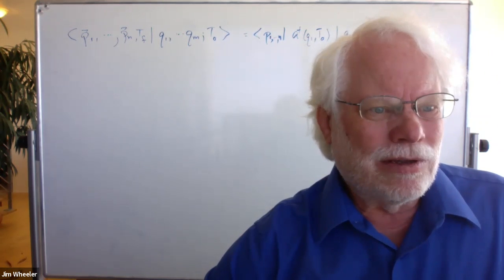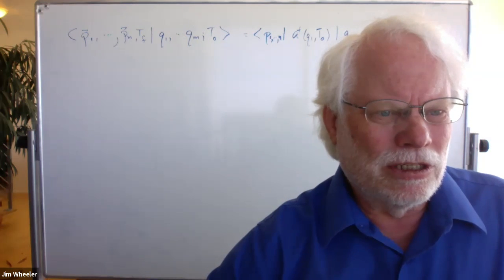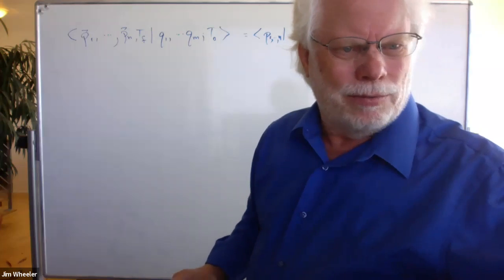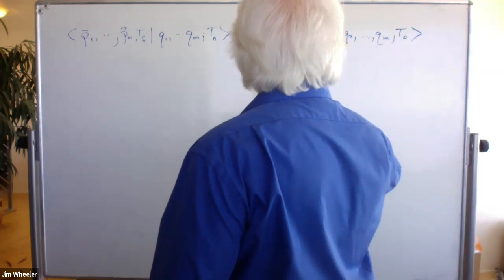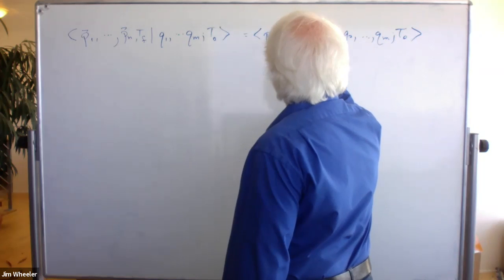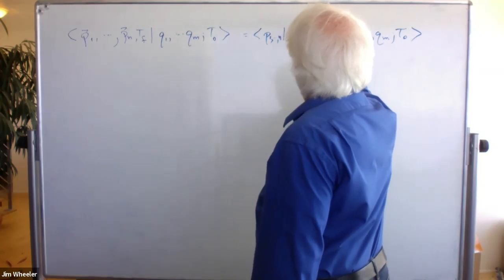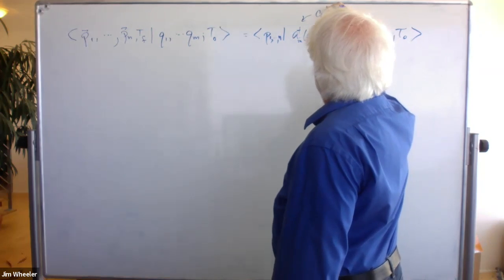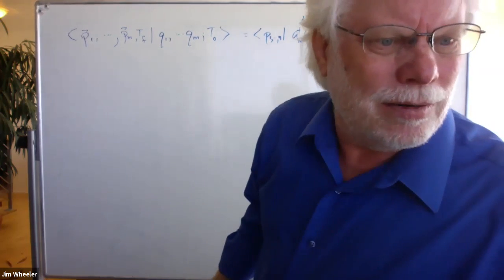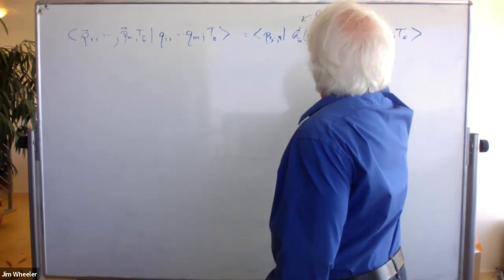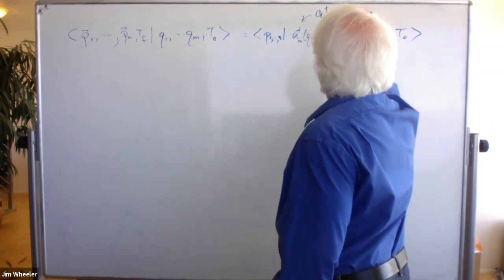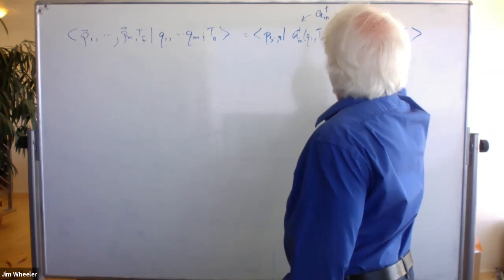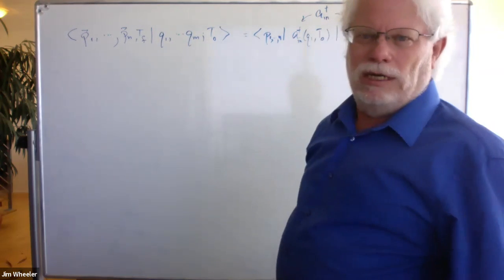Yeah, I think I can work with just this creation operator, but this is an in state, and I can replace that by a_in dagger minus a_out dagger, also at q1, but both of these at q1.